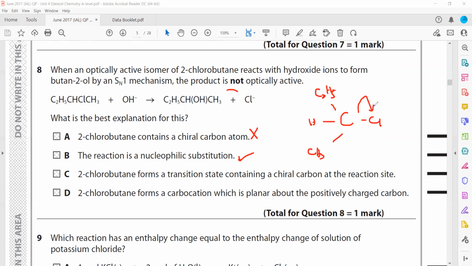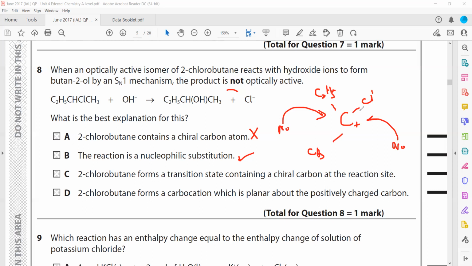So first in SN1 reaction, the bond breaking will occur, so it will form a carbocation. And then the carbocation which is formed here is planar, like three bonds are there, planar. So the attacking nucleophile can attack from the left hand side or it can attack from the right hand side. So it is having a chiral carbon.